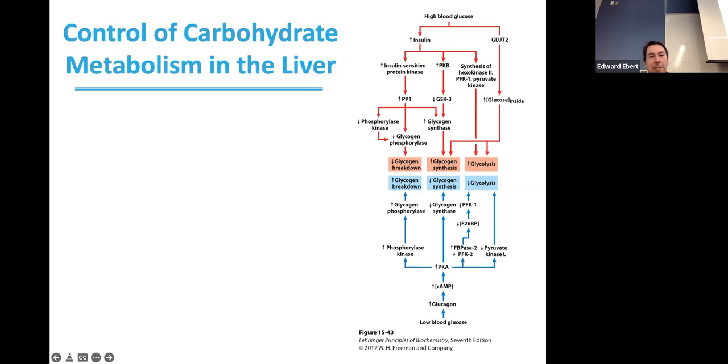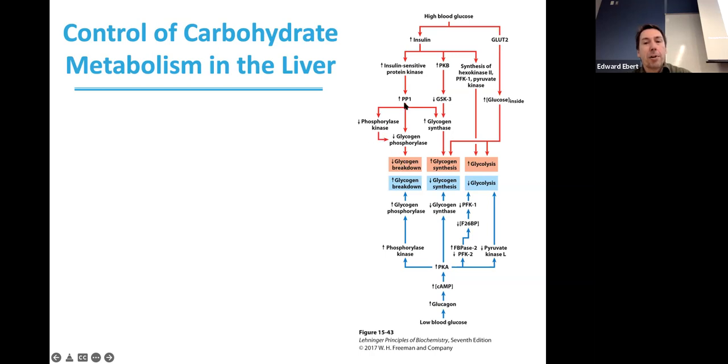Okay, so to summarize all the stuff we've been talking about, if we have high blood glucose, we're going to see increased insulin in response to that, which means we're going to see increased insulin sensitive protein kinases, protein kinase B, protein phosphatase 1. We're going to see synthesis of hexokinase, phosphofructokinase 1, pyruvate kinase, all these things that lead toward increasing glycolysis, increasing glycogen synthesis, and decreasing glycogen breakdown.